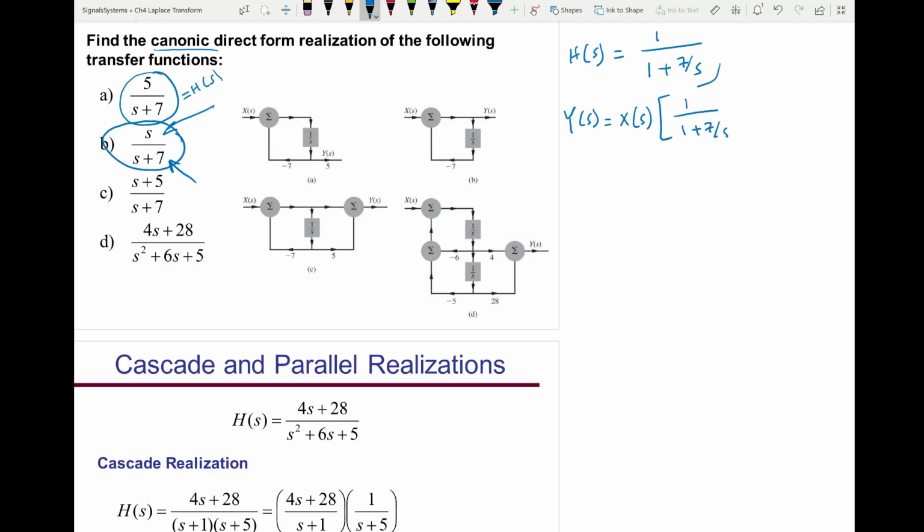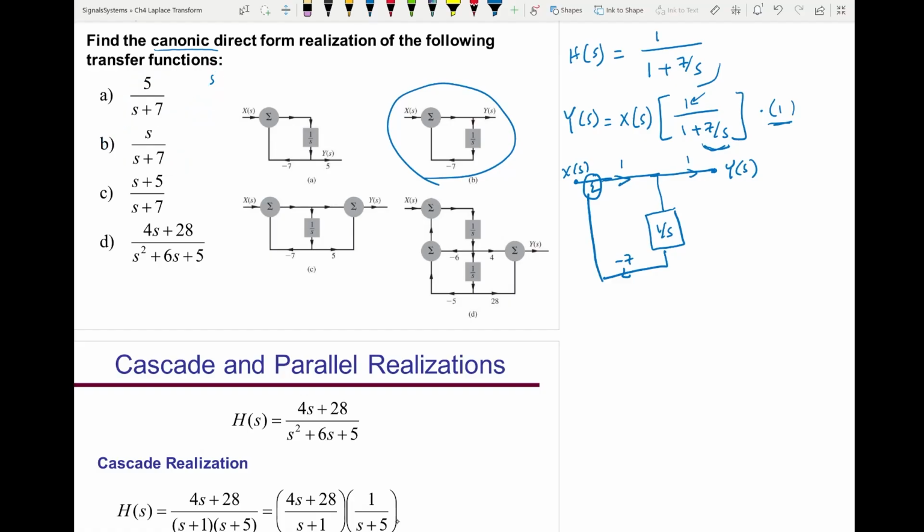So it's just one subsystem. I don't have anything here, just one. So to build it, this is the node of the input x of s. It's going to g of s, which is just 1. And then this is the feedback subsystem h of s, which is an integrator amplified by -7. And then summed up here. And then it goes to 1. And this is the output, which is this.